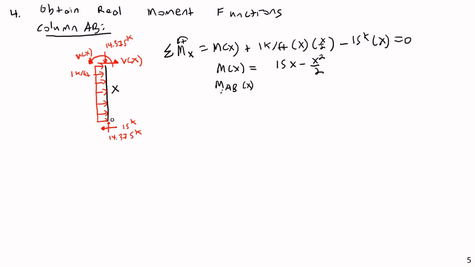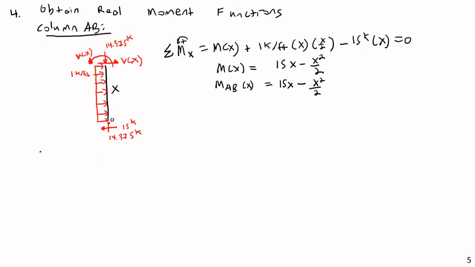That would be the real moment on member AB as a function of x. I'm not going to keep up with that naming convention for this particular example because there's only 2 members. But if you had a large frame with many different members, you would definitely want to use an organized naming convention in order to keep track of everything.